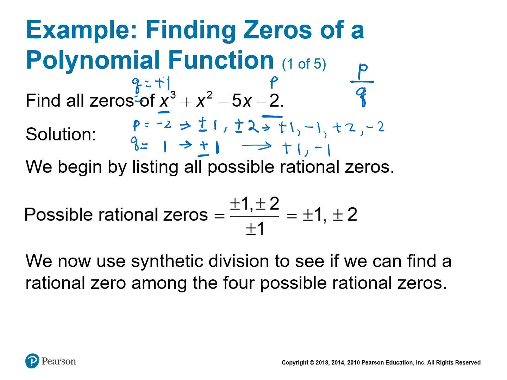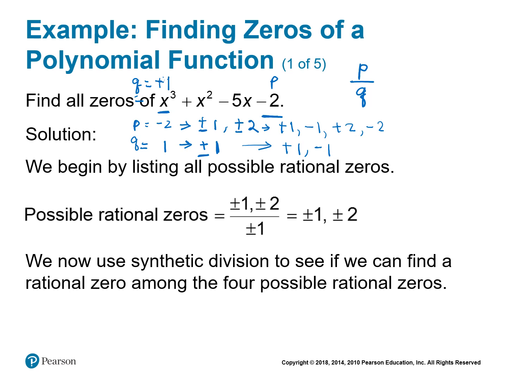So when we get all the combinations of P and Q, it'll be easier for us to get it. So it'll be 1 over 1, negative 1 over 1, 2 over 1, and negative 2 over 1. That's one set. And then we have again 1 over negative 1, negative 1 over negative 1, 2 over negative 1, and negative 2 over negative 1.